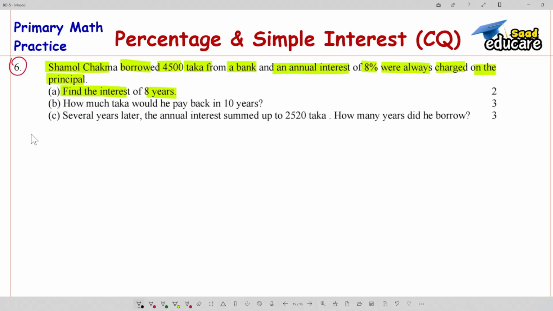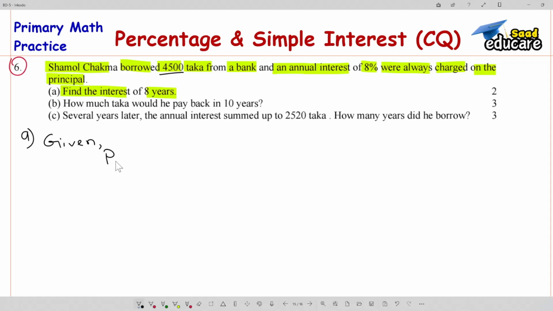So before starting, we have to know what is given in this question and what is needed. Our need is to find the interest. It means we should find out the I. So first, given: borrowed 4,500 taka.